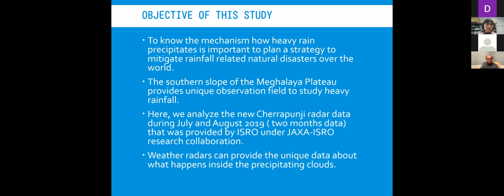So here we analyze the new Cherrapunji radar data during July and August 2019. It's two months of data that was provided by ISRO and the JAXA-ISRO research collaboration. Weather radars can provide unique data about what happens inside the precipitation clouds.